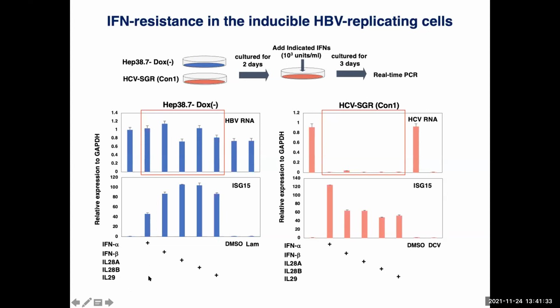So this may be important, and ISGylation may play a role in the resistance to type 1 and type 3 interferons. But we have to do more experiments to make this clear.